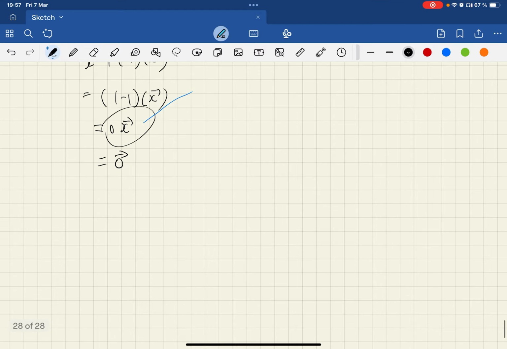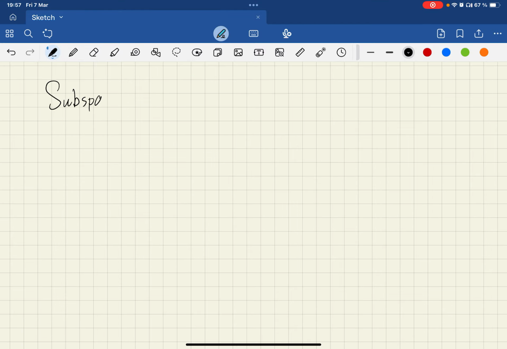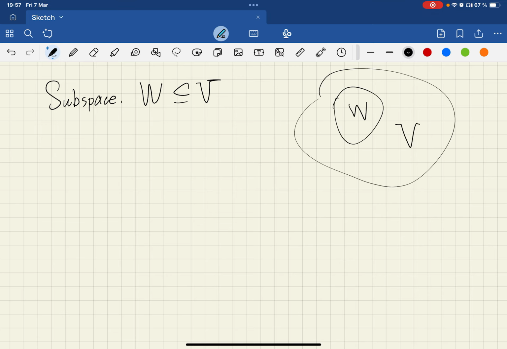And now we give a definition of subspace, which is: W is also a vector space, which lives inside V, and you can think of something like this.